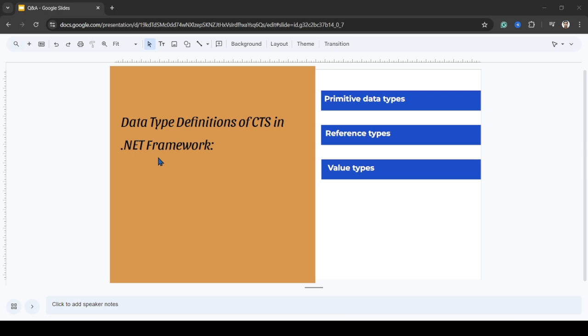The next type is reference type: classes, interfaces, arrays, strings and delegates are the types of reference type data types. Next comes the value type: structures, enums and other types of data that hold values directly within their own memory space are of the value type. These are the three kinds of data types which are there in the CTS.